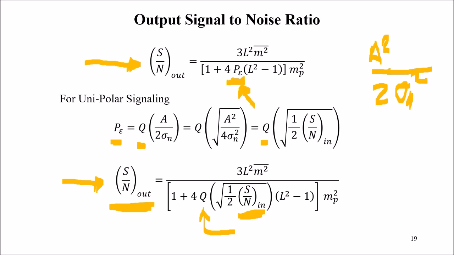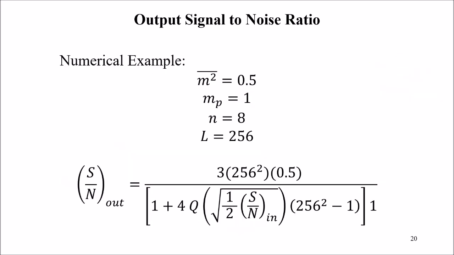So I set up an Excel spreadsheet so that I could vary the signal to noise ratio at the input and observe the corresponding signal to noise ratio at the output of the digital detector. I set up a numerical example and took the message power to be 0.5.